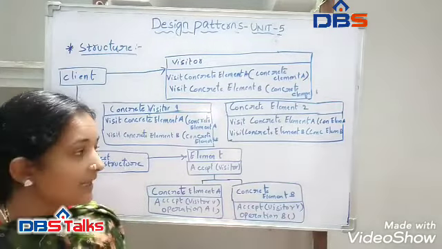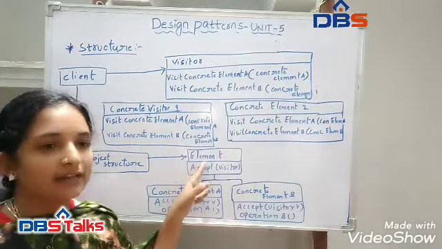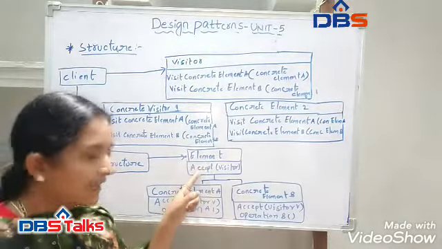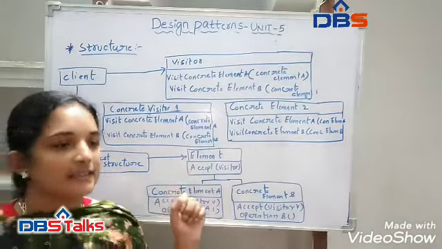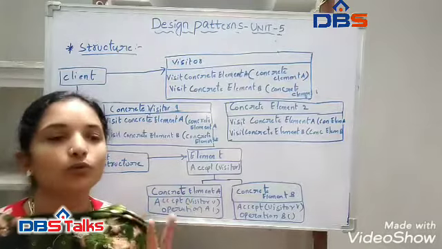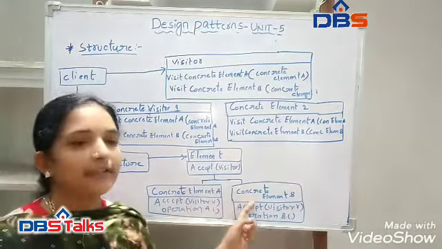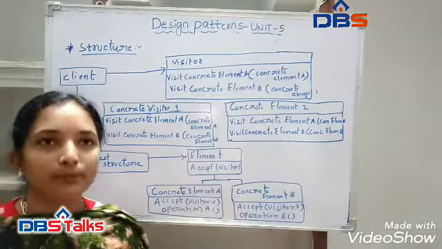It has an abstract method, accept. We have the element, which is an interface, with one abstract accept method. This interface is implemented by two concrete classes, concrete element A and concrete element B. Both of these concrete classes implement it.